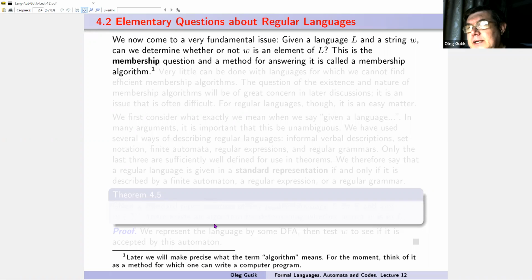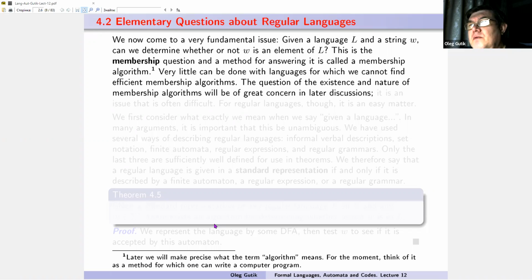We shall make precise what the term algorithm means later. For the moment, think of it as a method for which we can write a computer program. Very little can be done with languages for which we cannot find efficient membership algorithms.